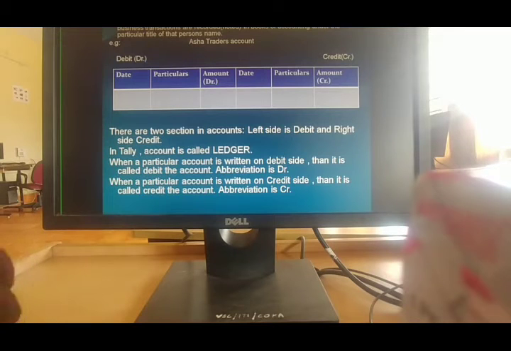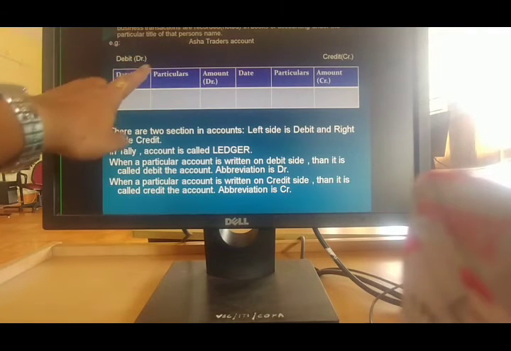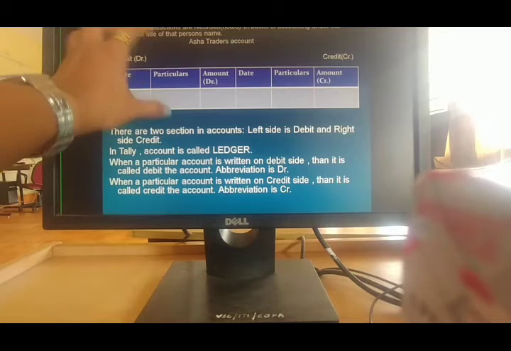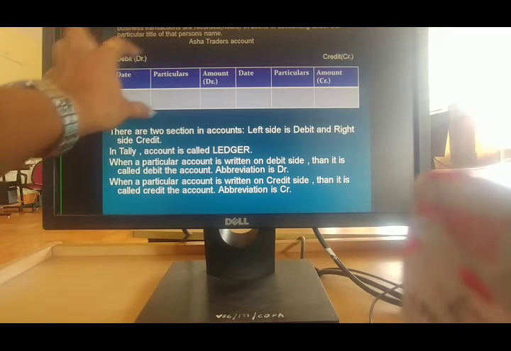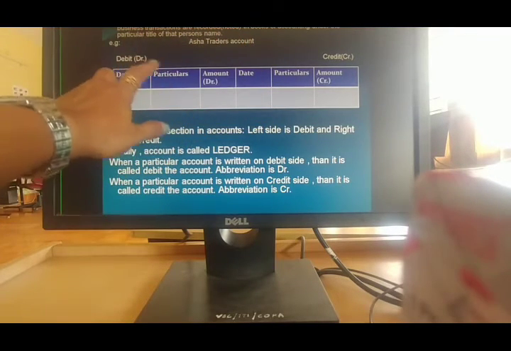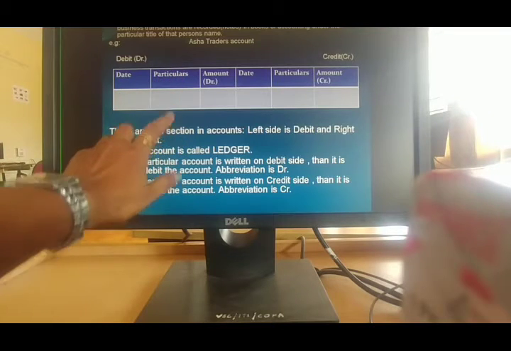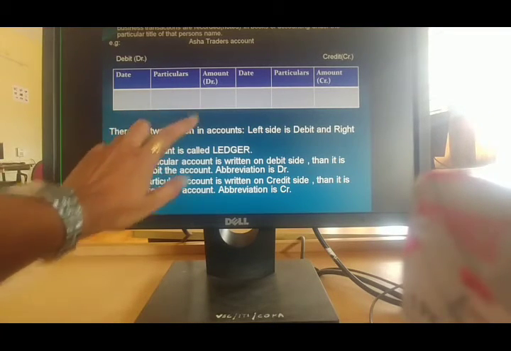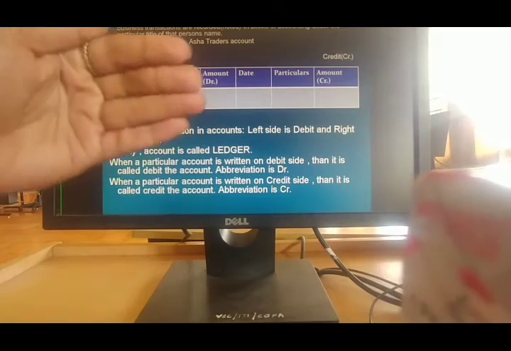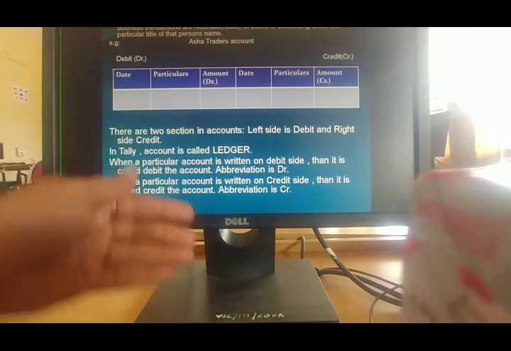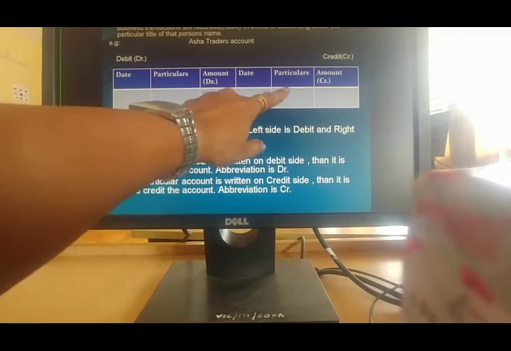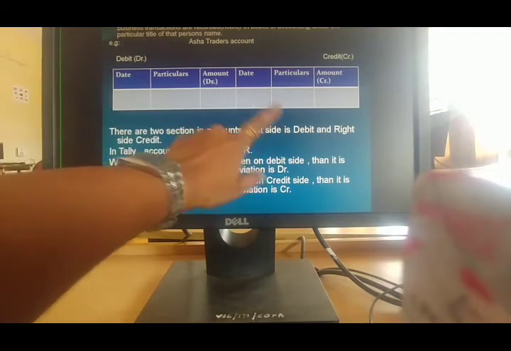Right now, just understand that all accounts are categorized into debit accounts and credit accounts. Whatever accounts are debited will come on the left hand side, and whatever accounts are credited related to Asha Traders will come into this particulars column.